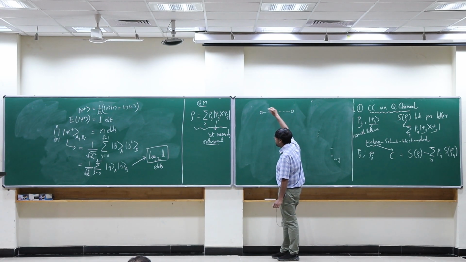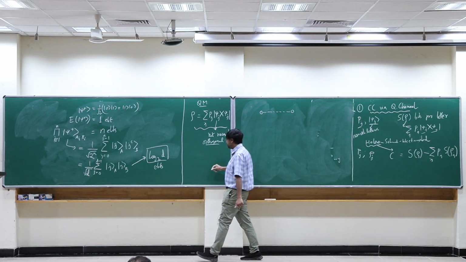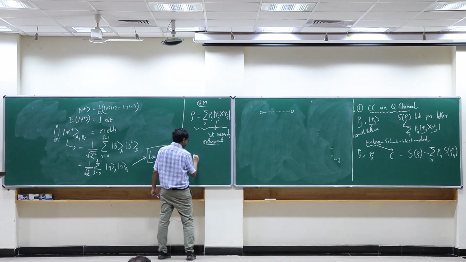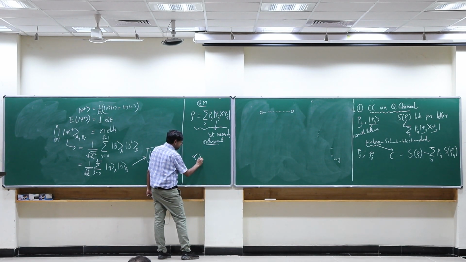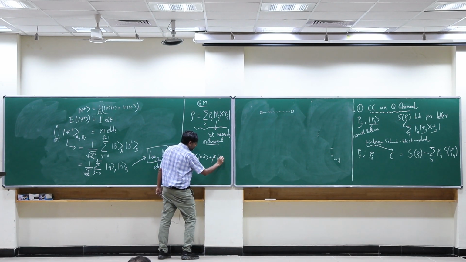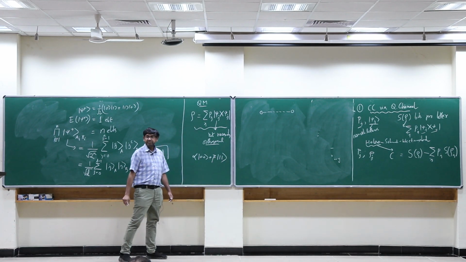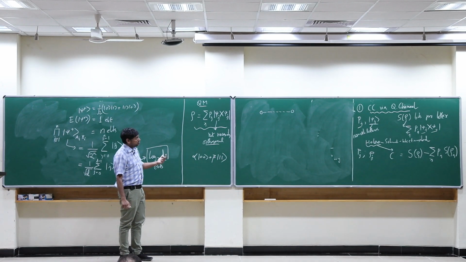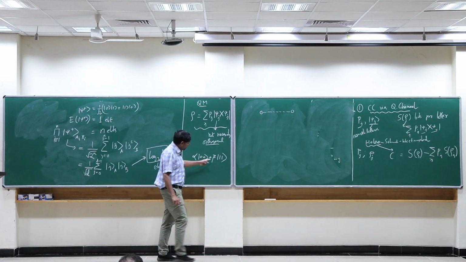Suppose we want to quantify the entanglement of states like alpha 0 0 plus beta 1 1. How will we do that? That's the question. These are imbalanced.